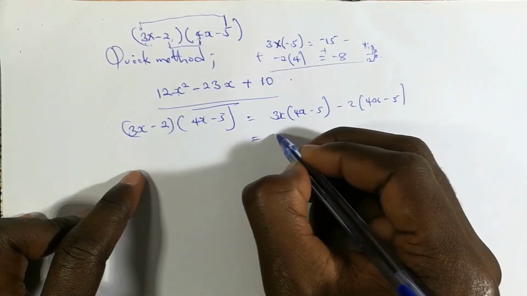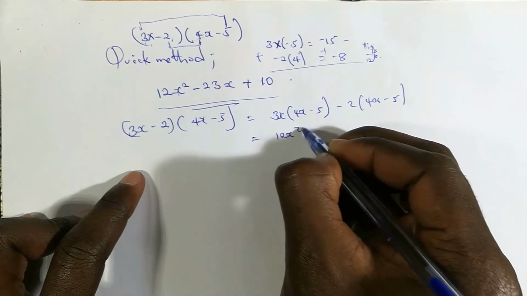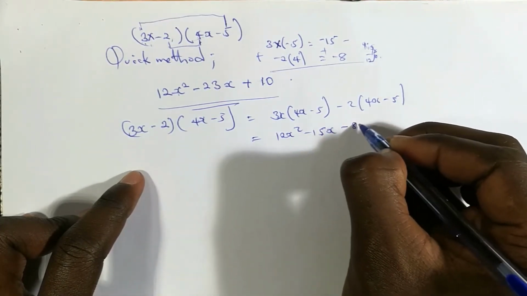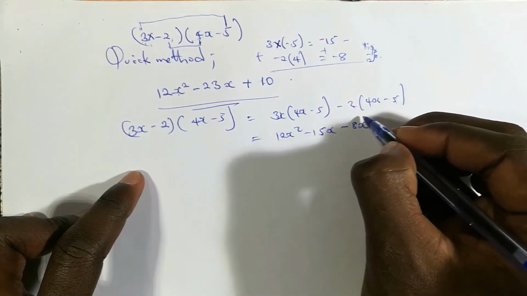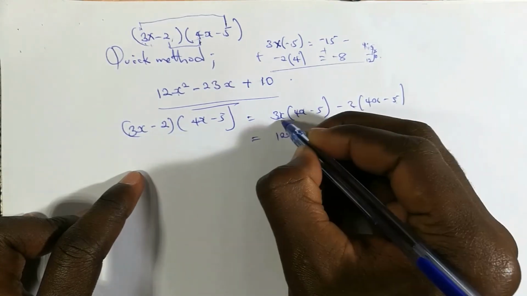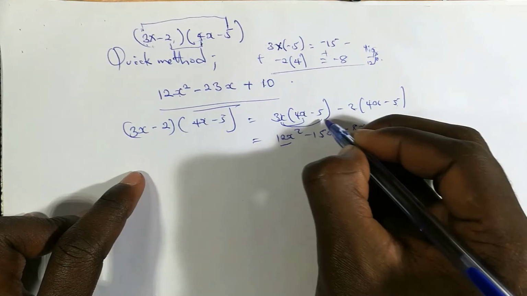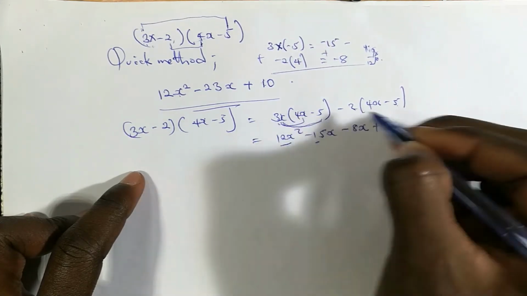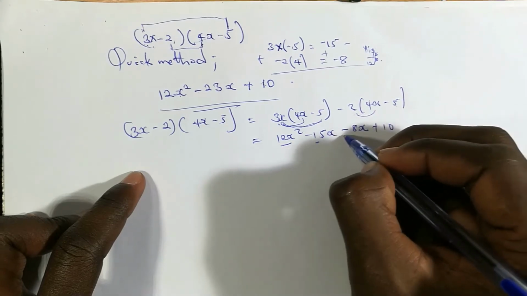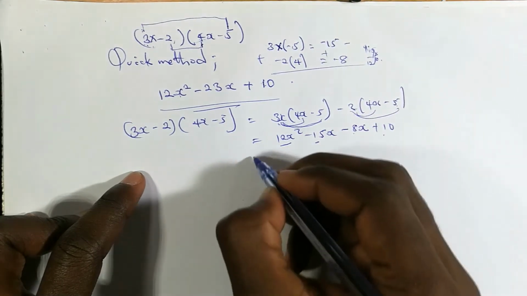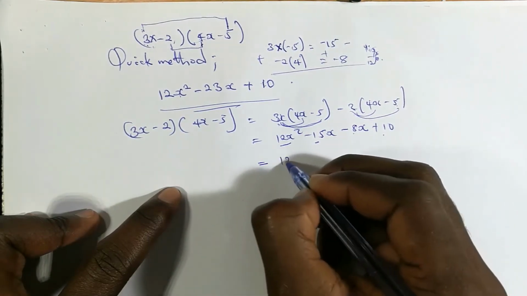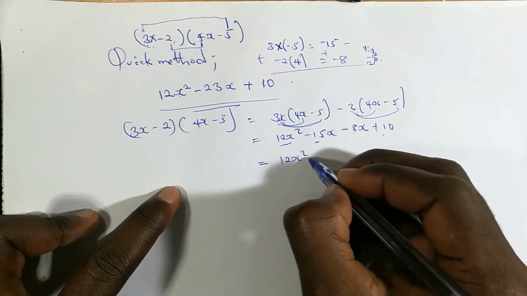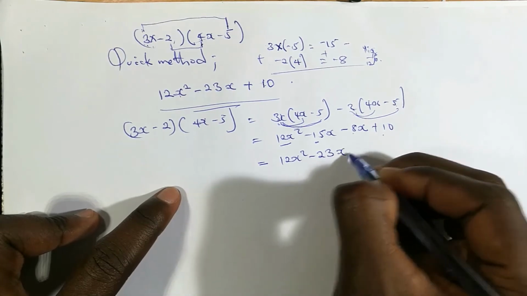Using that, we have 12x squared minus 15x minus 8x plus 10. Multiplied this to get that, multiplied that to get this, then multiplied this to get that, multiplied this to get that. So here we have 12x squared, -15 minus 8, that means we're going to have minus 23x plus 10.